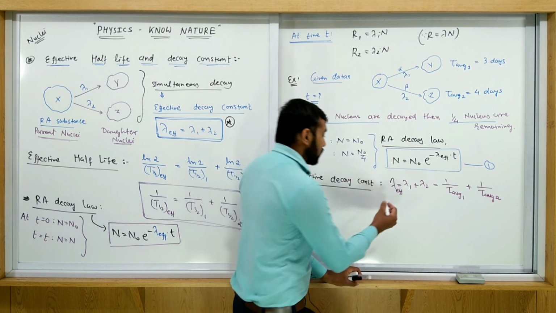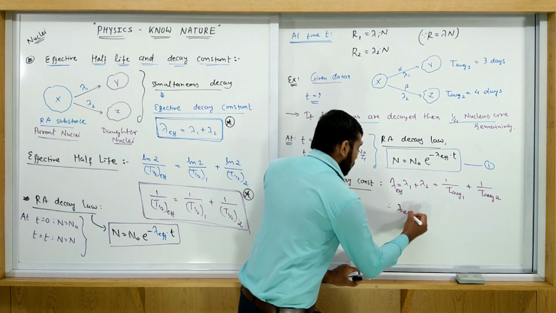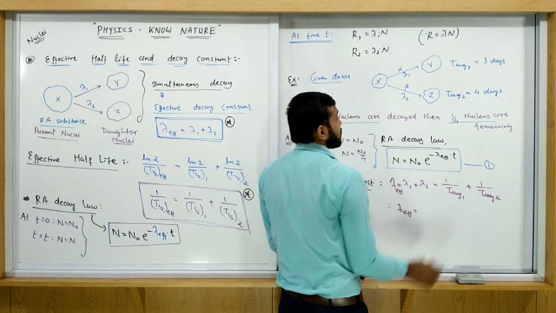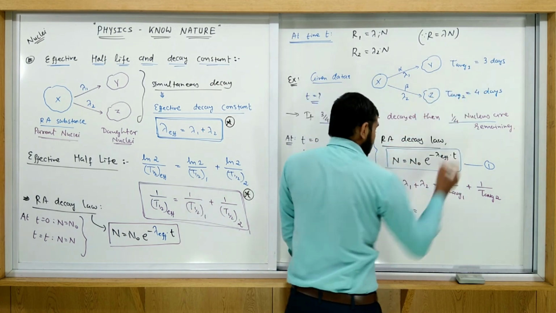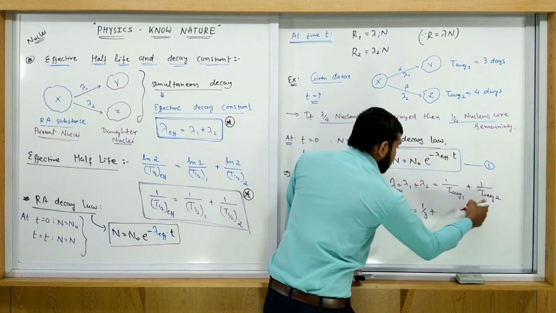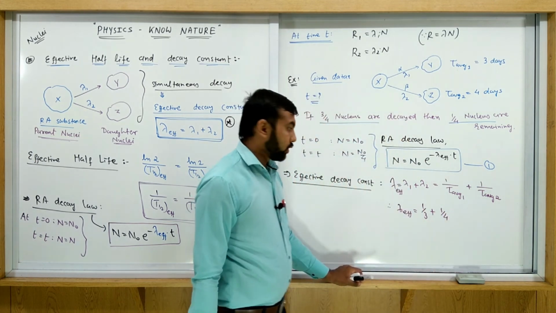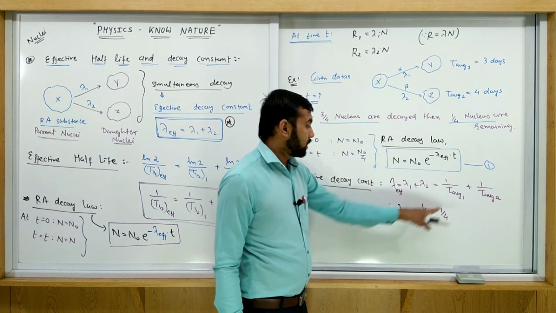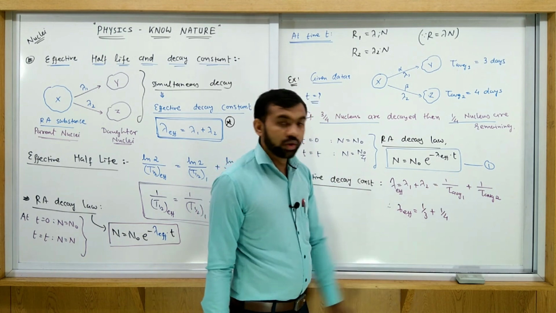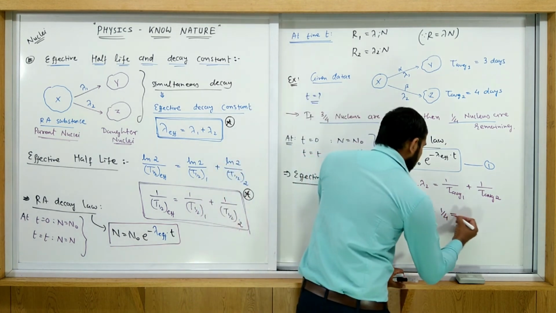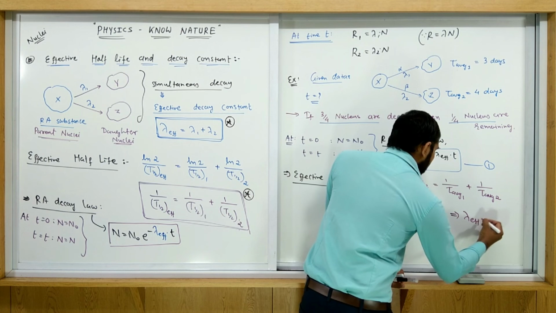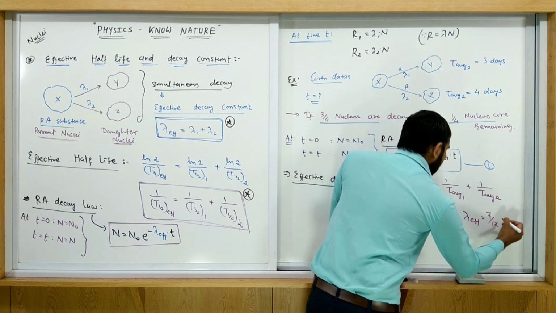Both are given to us: tau average 1 is 3 days and tau average 2 is 4 days. So 1 upon 3 plus 1 upon 4. Simplify: 4 plus 3 is 7, and 3 into 4 is 12. So lambda effective is equal to 7 by 12.